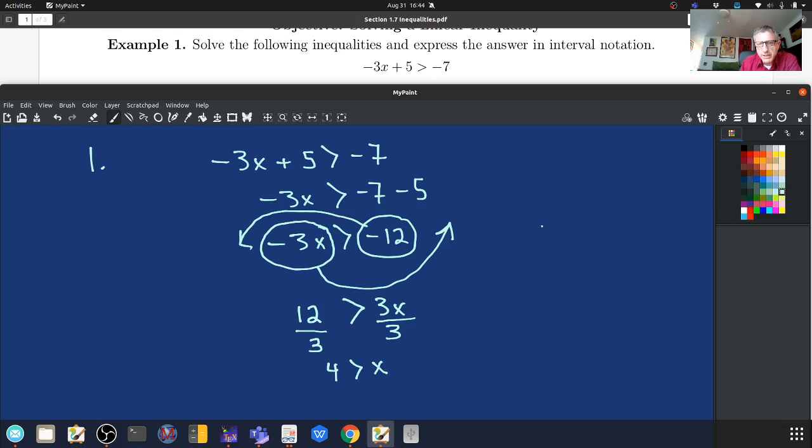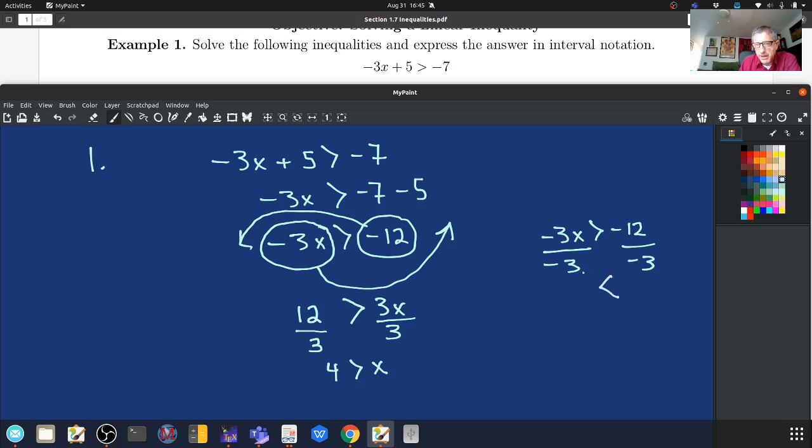So let's do it the other way. Minus 3x is greater than minus 12. I'm not going to worry about it, I'm just going to go ahead and divide through by minus 3. That's fine, but in my next step I have to remember to change the direction of the inequality.